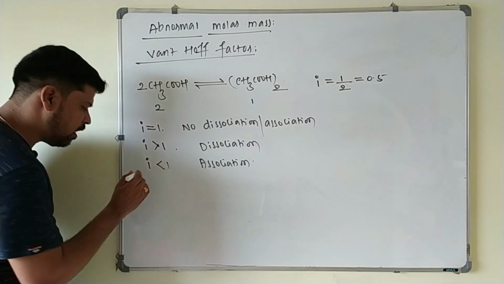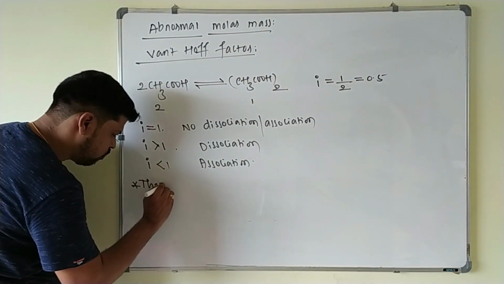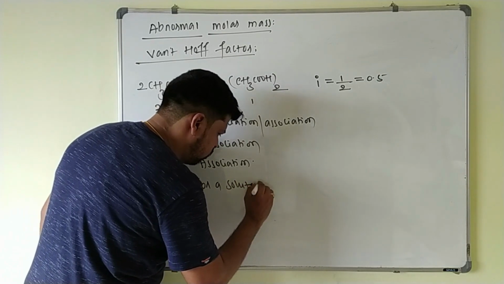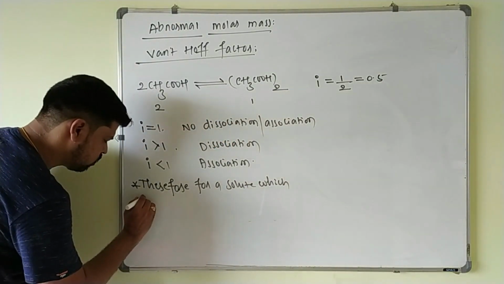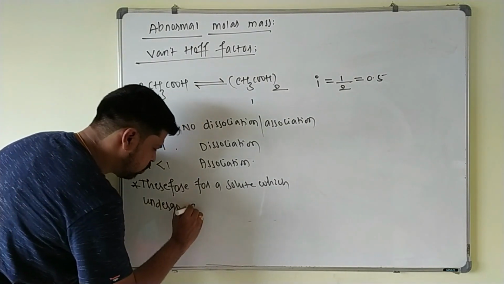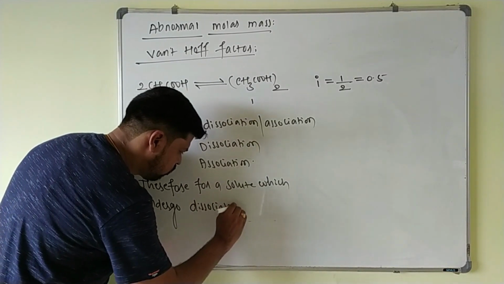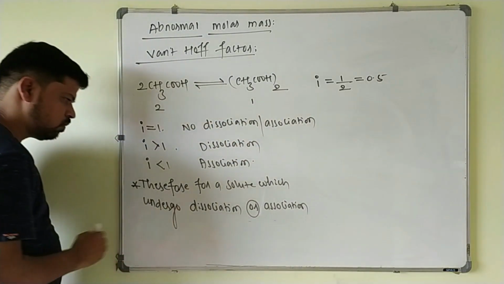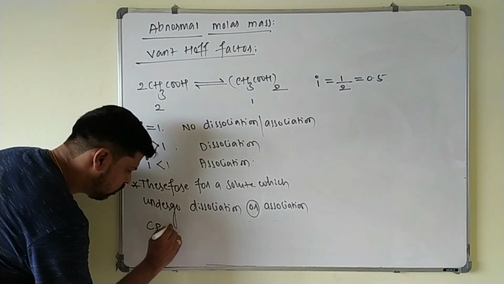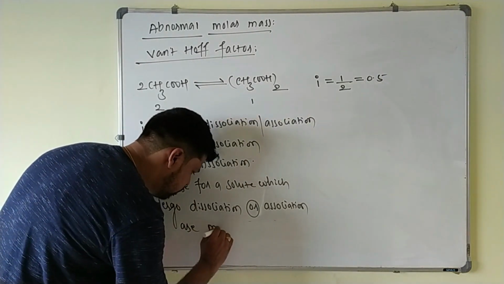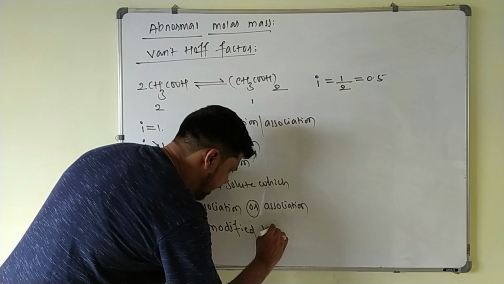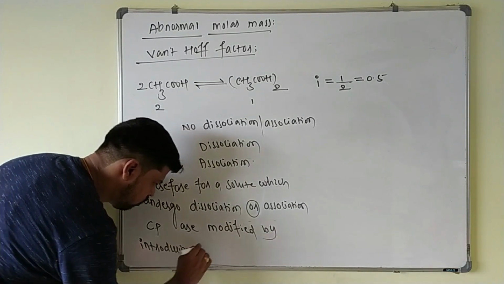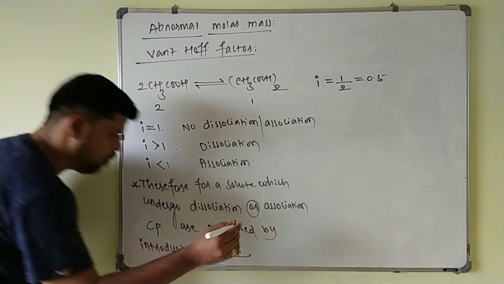What we will write now, therefore, one point: for a solute which undergoes dissociation or association, colligative properties are modified by introducing I value. I value is nothing but the Van't Hoff factor here.